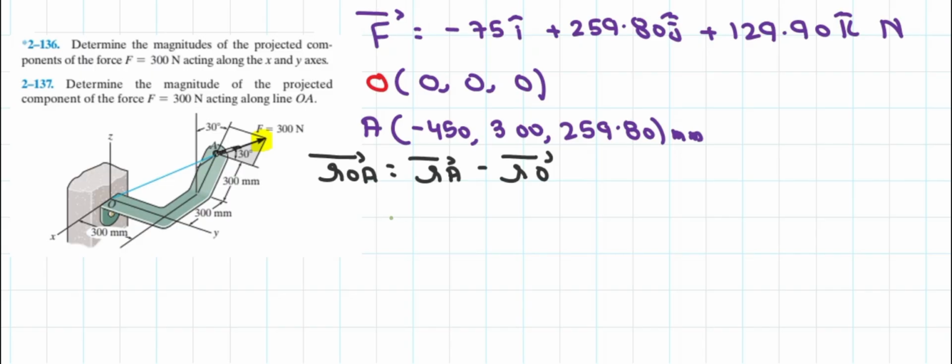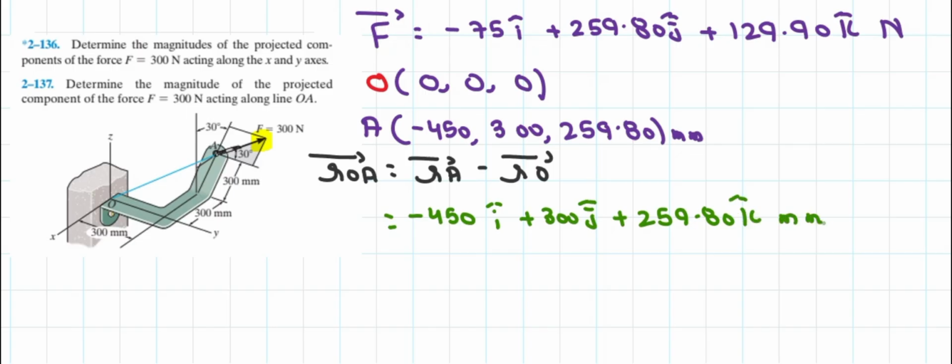So the location of point A is negative 450 i cap with positive sign 300 j cap with positive sign 259.80 k cap millimeter. Now this is the position vector ROA.